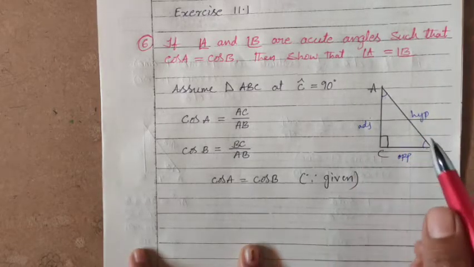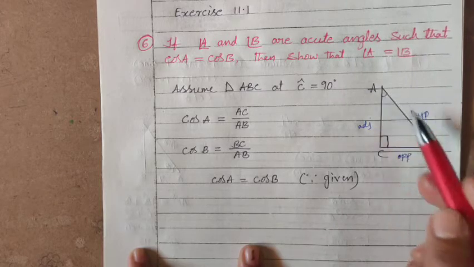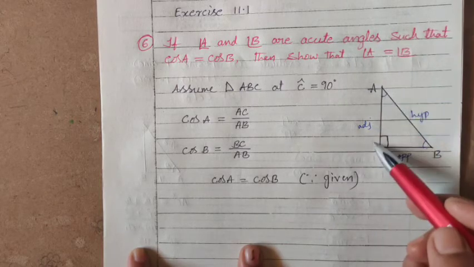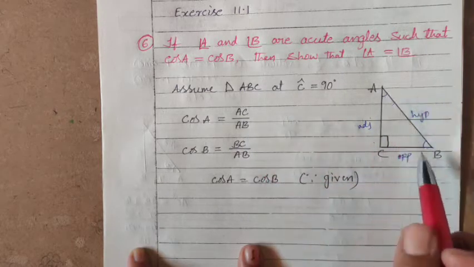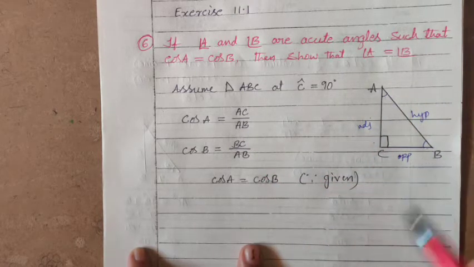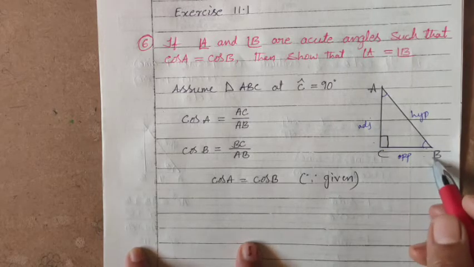Cos A equal to adjacent divided by hypotenuse. What is adjacent? Yes, AC is adjacent. Hypotenuse is AB.